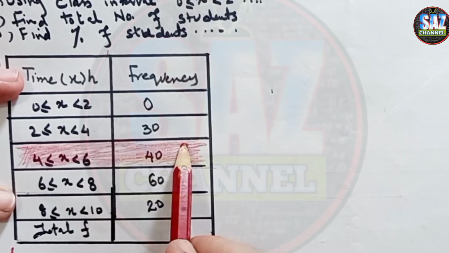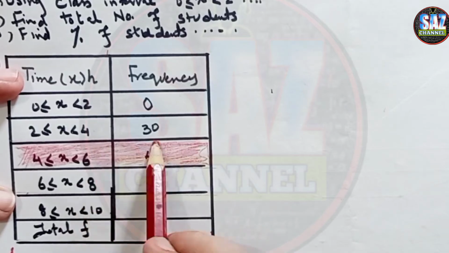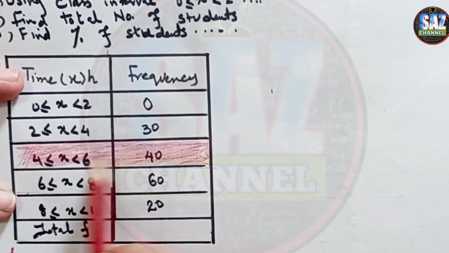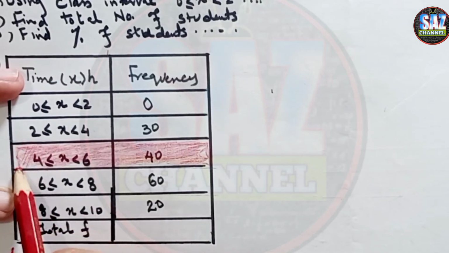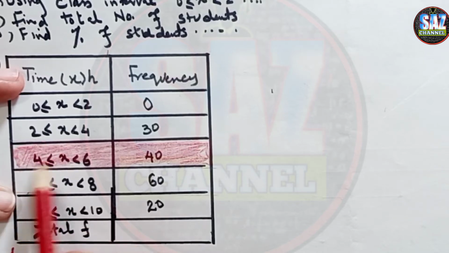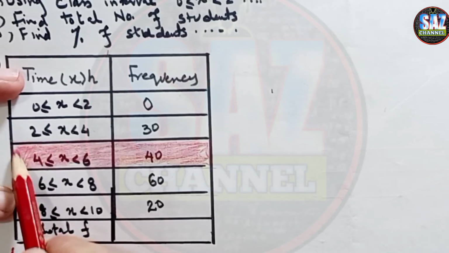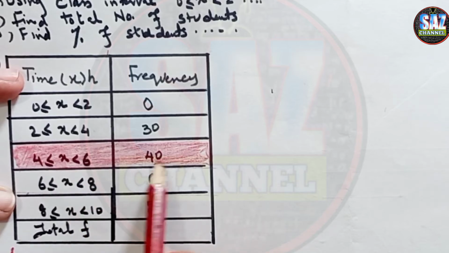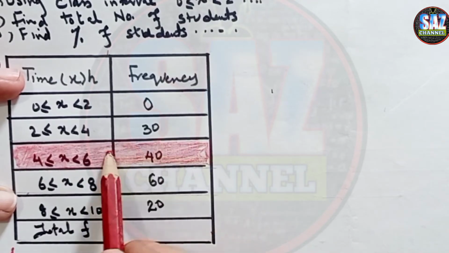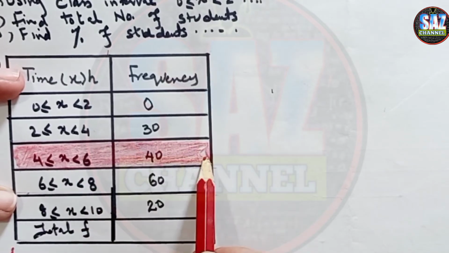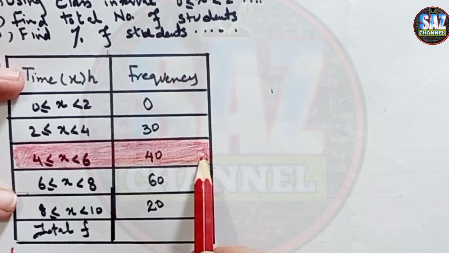I'm highlighting this class for my students to understand and differentiate, and to see why we are choosing this, because here we have the value which is more than or equal to 4 but less than 6.